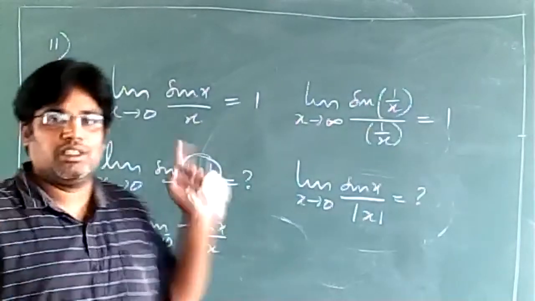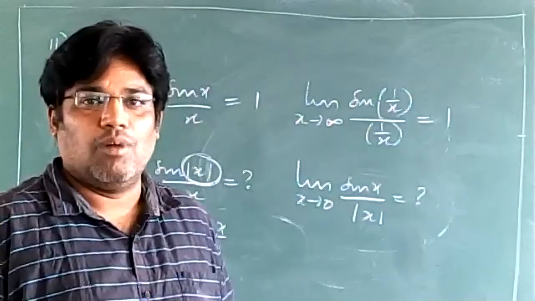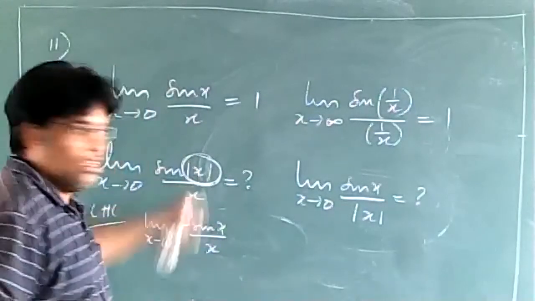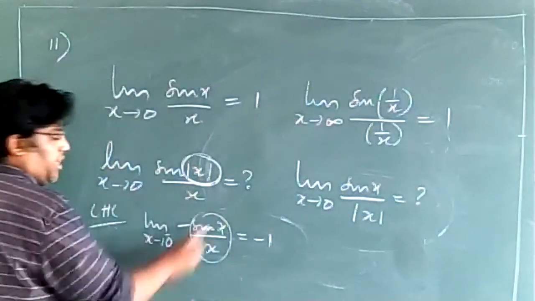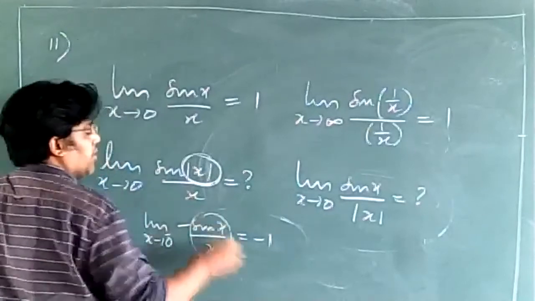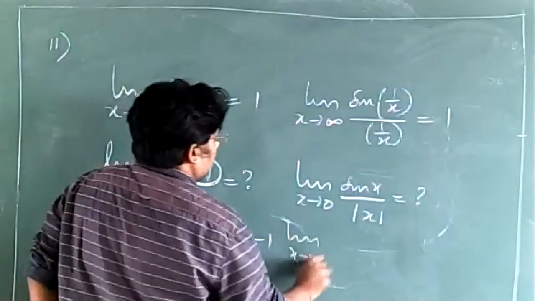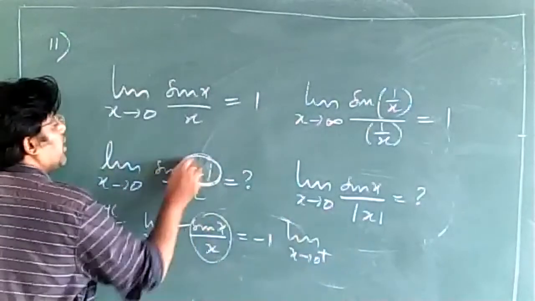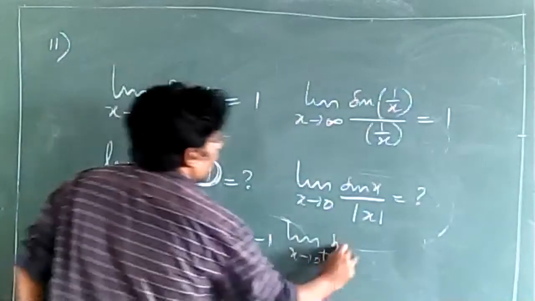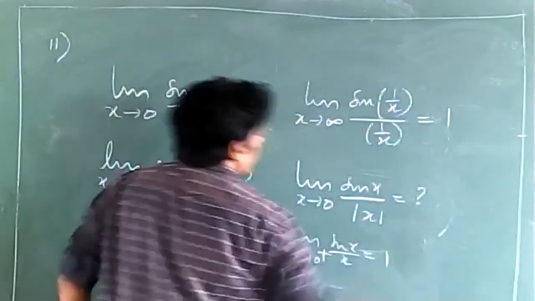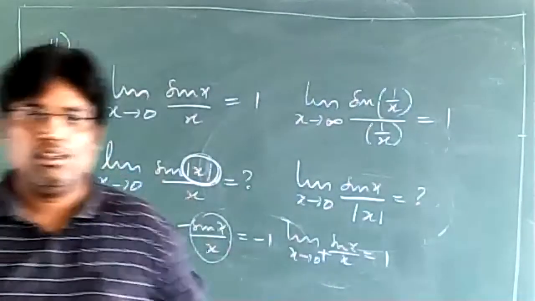This x remains as x. The modulus is only in the numerator. So now the left hand limit becomes minus 1. Sin x by x is minus 1. Coming to the right hand side, 0 plus. For x greater than 0, what is modulus of x? It is x. Means sin x by x is 1. So it does not exist.